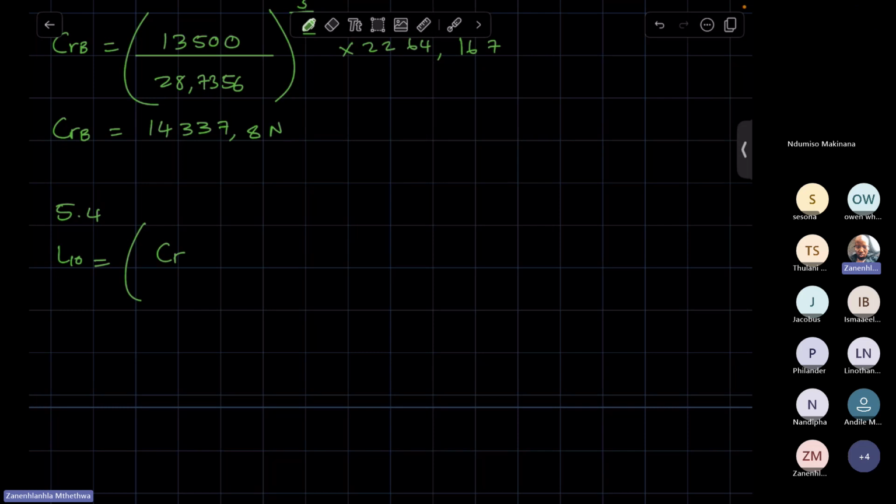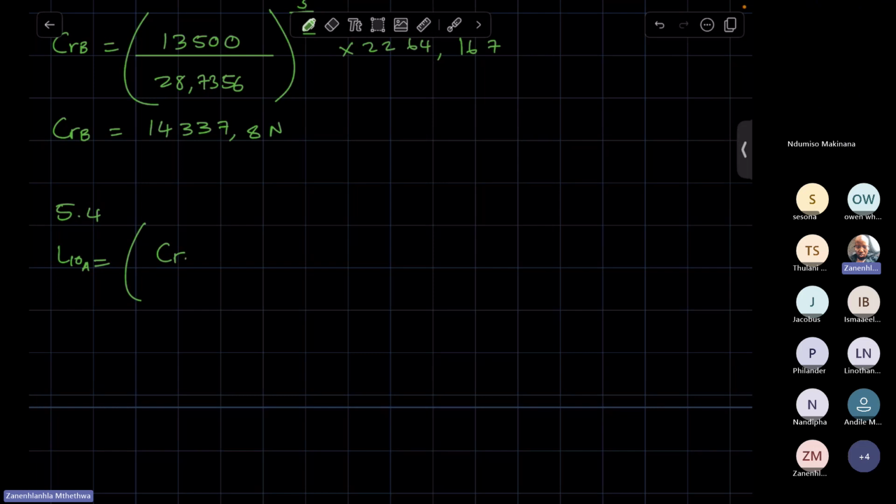So we're going to calculate L10 for both A and B. Now, bearing in mind that we would assume that the L10 or the lifespan of each bearing in millions of revolutions would be the same, but you need to calculate both anyway.